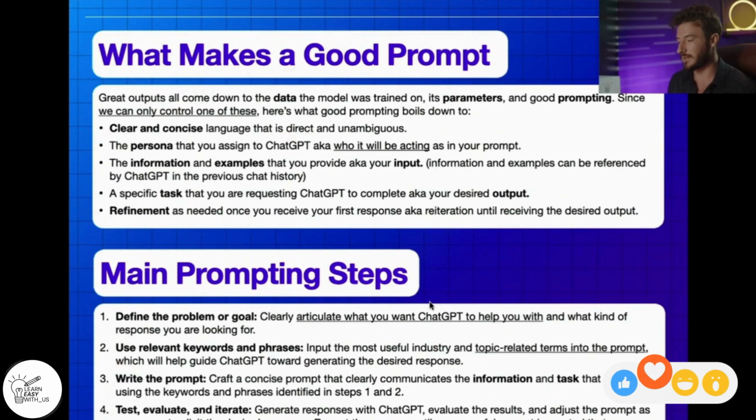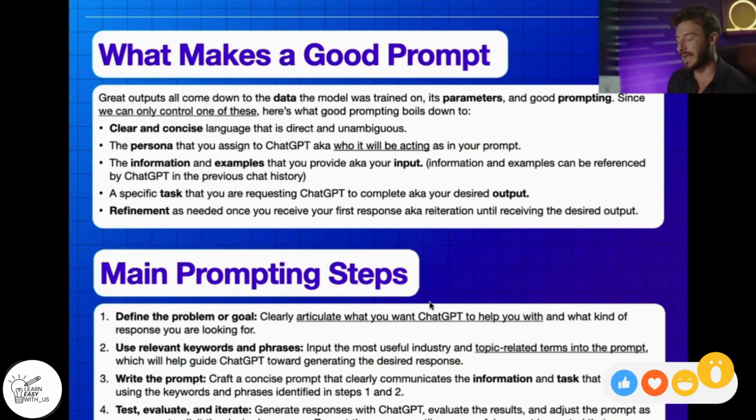So even if it's not in the direct prompt that you're inputting in that very moment, if you pasted example information into the chat earlier, it's going to be able to reference that data.